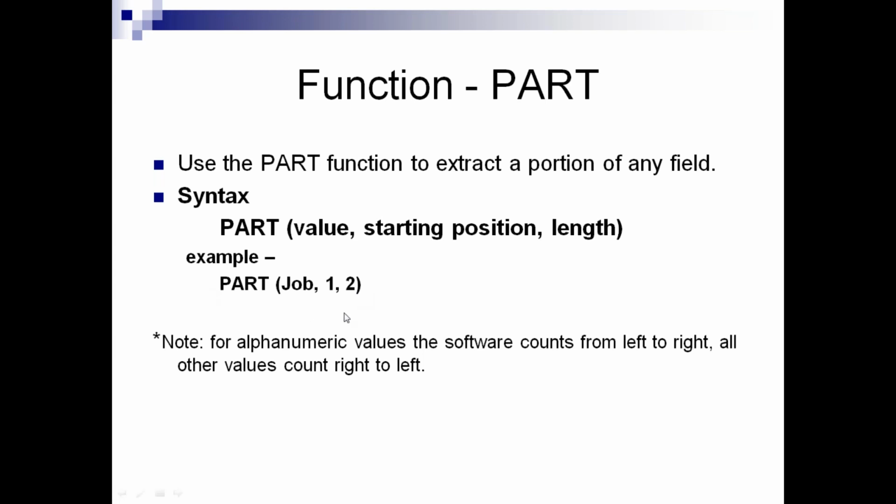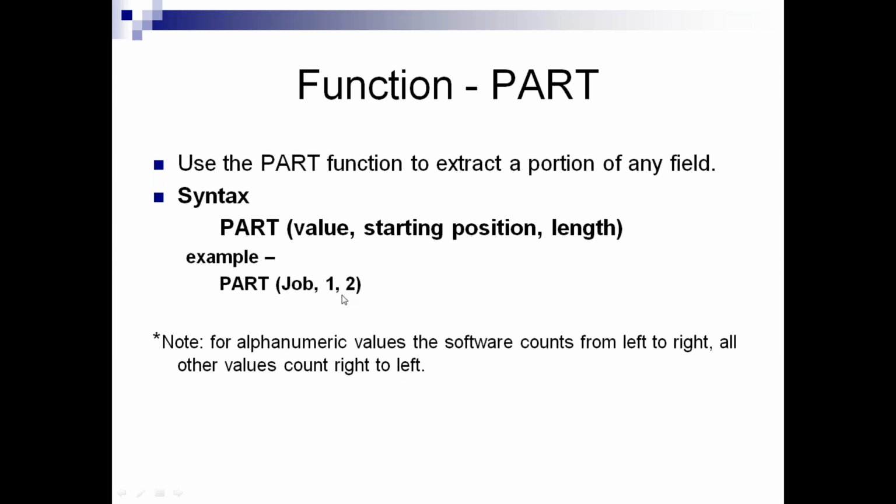And it's important that you know how the system is going to treat these fields, whether they're alphanumeric or not. Alphanumeric starts left to right. So on the job number, that's considered alphanumeric, so it would start in position 1 and go for 2. If you're looking at dates or even some type of numeric value, it goes the other direction.